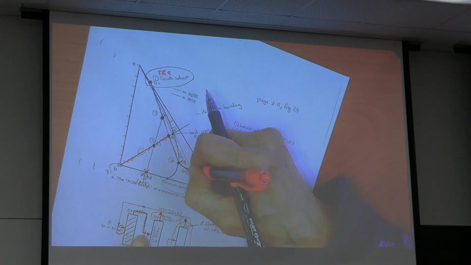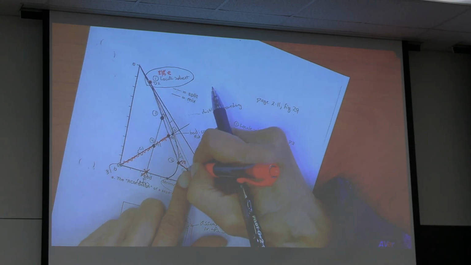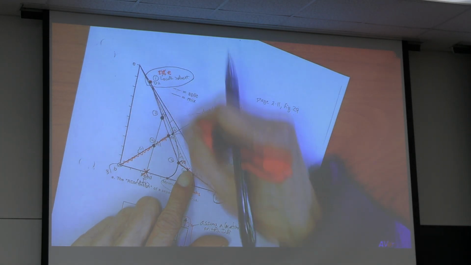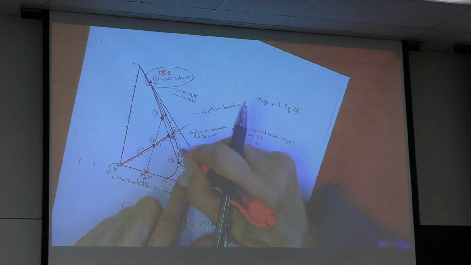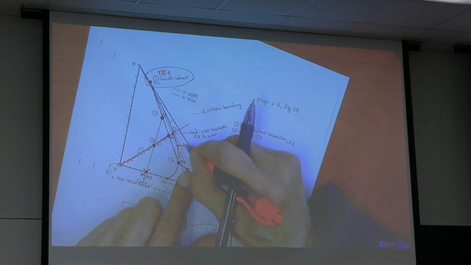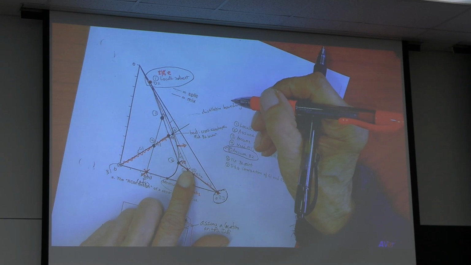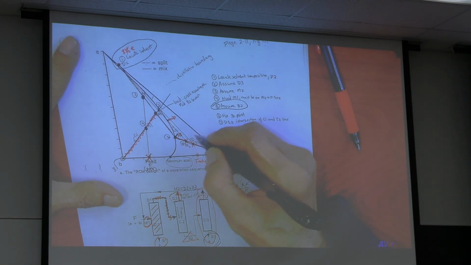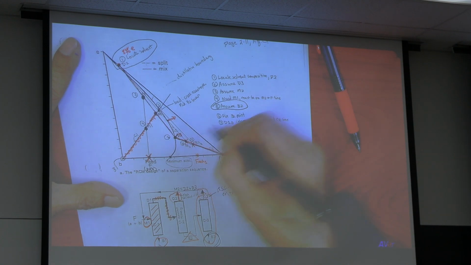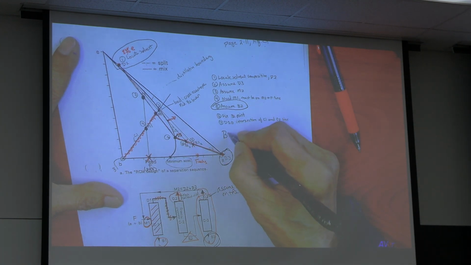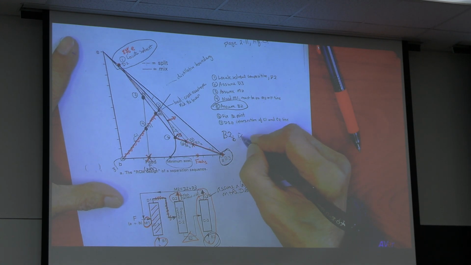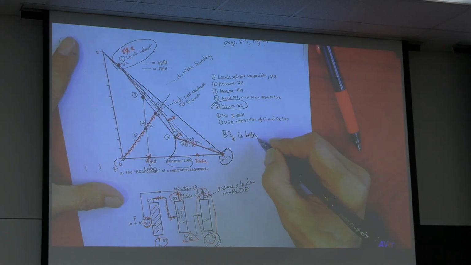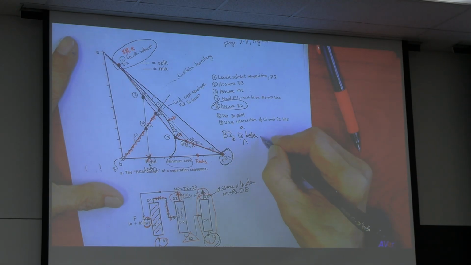And this point, B2, D2, are both on this side, to the right of the distillation boundary. That is feasible. So, there are 2 points here. And B2B is better, a better location.